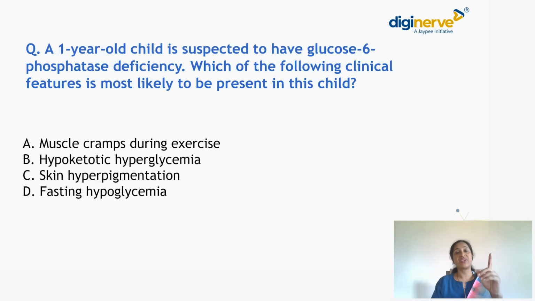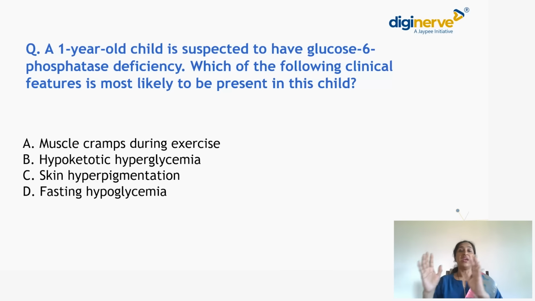Glucose 6-phosphate dehydrogenase, G6PD, is a totally different enzyme seen in the RBC. That is a part of metabolism in the hemoglobin. Here we are talking about glucose 6-phosphatase, metabolism of glucose and glycogen.